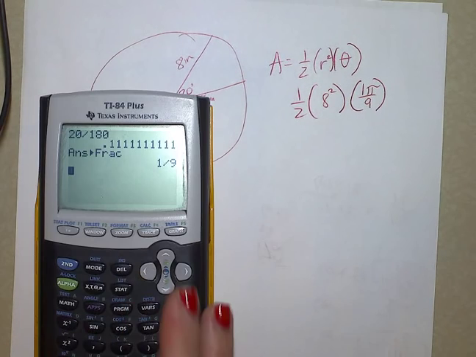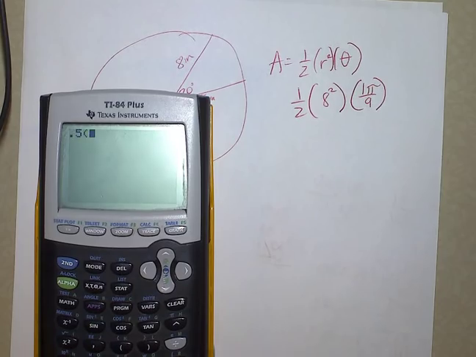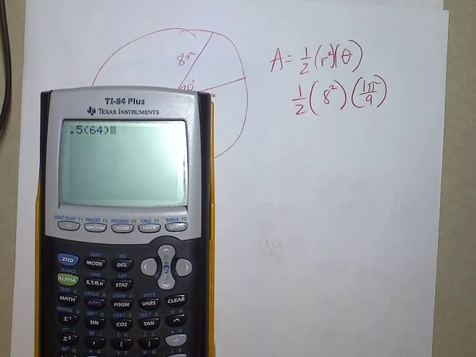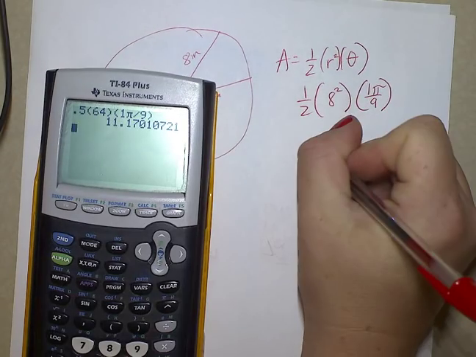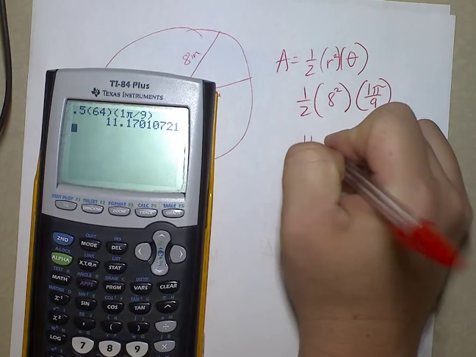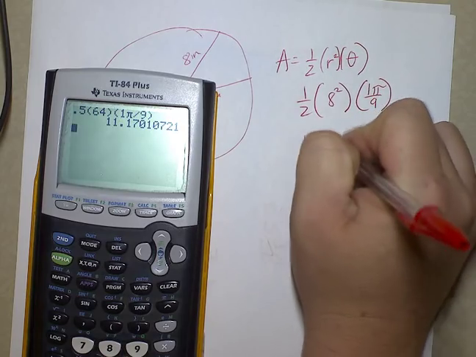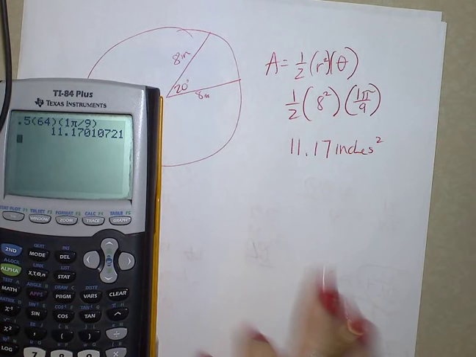We're asked for a real life situation here, so we are going to multiply. 0.5 times 64 times 1 pi divided by 9. Let's round to the nearest hundredth. So 11.17, and this is inches squared because you're asked for the area.